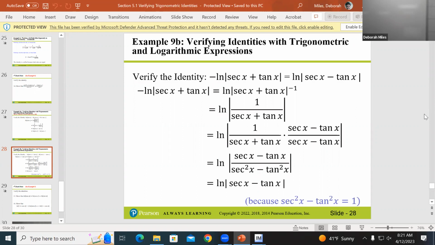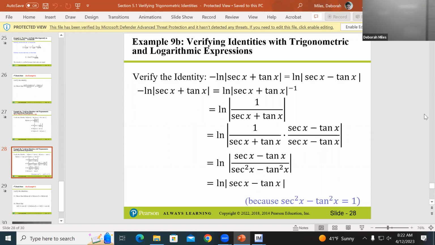So what is something to the -1? What does that mean? It's the reciprocal. That means the reciprocal of secant plus tangent, 1 over secant plus tangent. And right there, you need to think of the rule we learned yesterday.